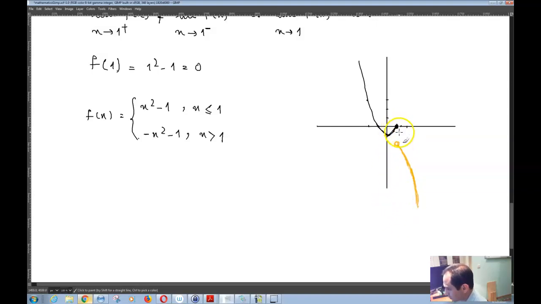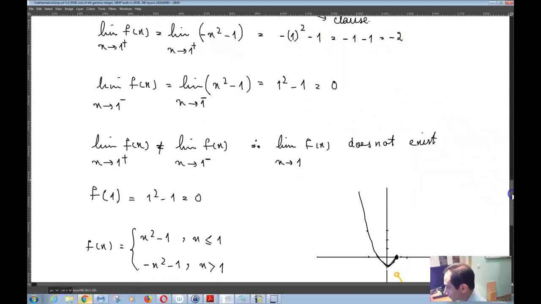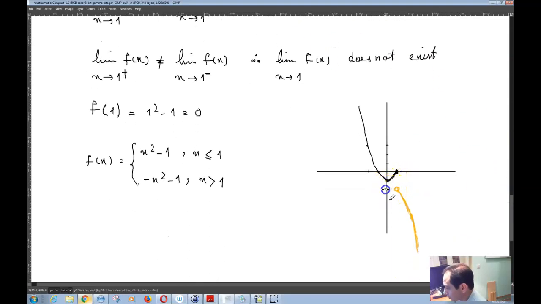And you see that at x is equal to 1, the function is generating different values, essentially over here 0 and over here negative 2 at these 2 points. So this point is negative 2.